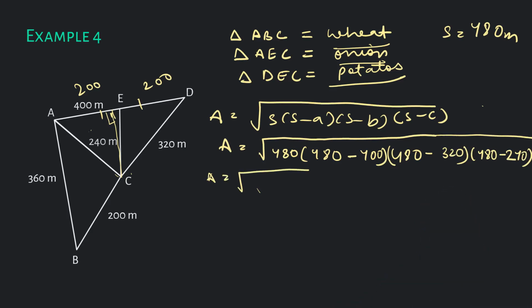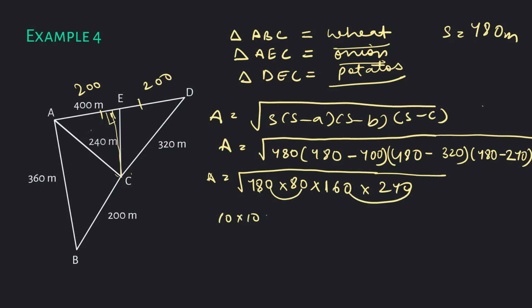So our area is coming out to be 480 into 80 into, let us subtract 320 from 480, so we'll get 160, and then 480 minus 240 is 240. Let us take out the zeros first. 0 and 0. So these two pairs are left. So 10 into 10 under root 48 into 8 into 16 into 24.